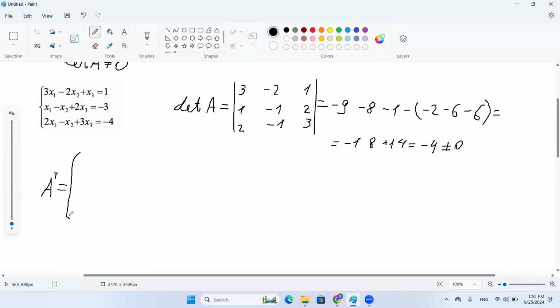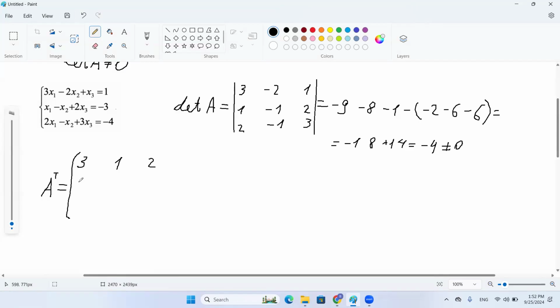So Alisa, go on. First row will be 3, 1, and 2. 3, 1, 2. Yeah, so we just change columns and rows.